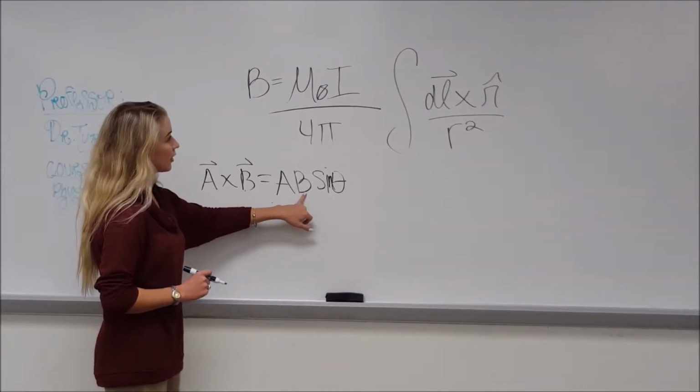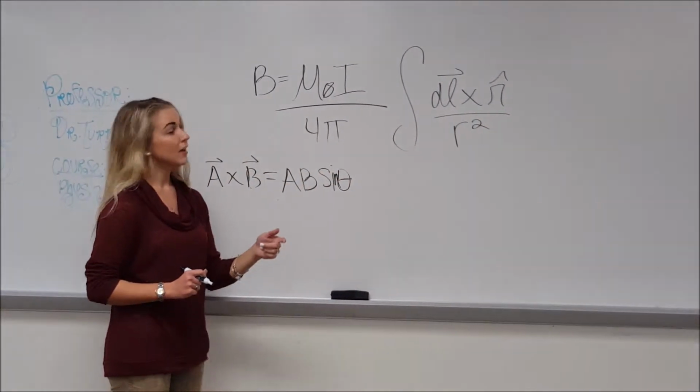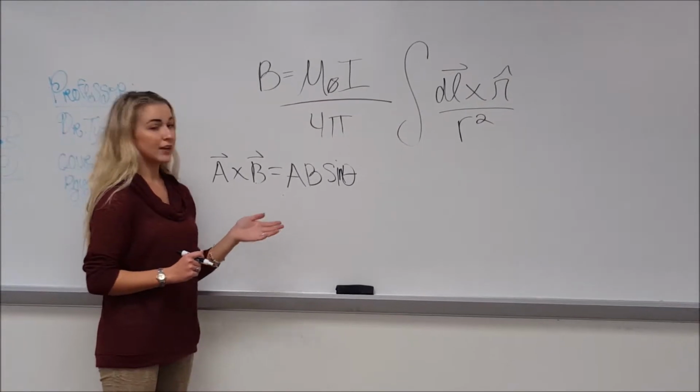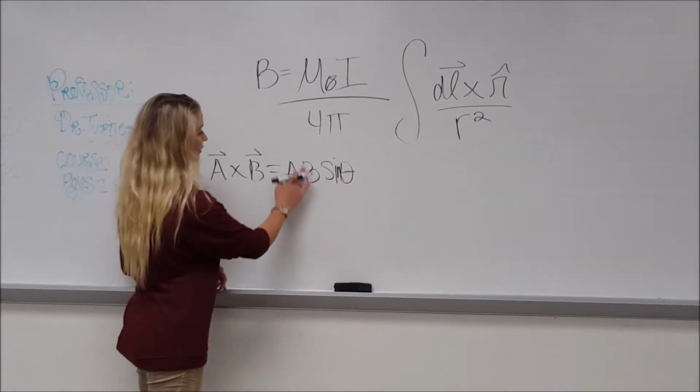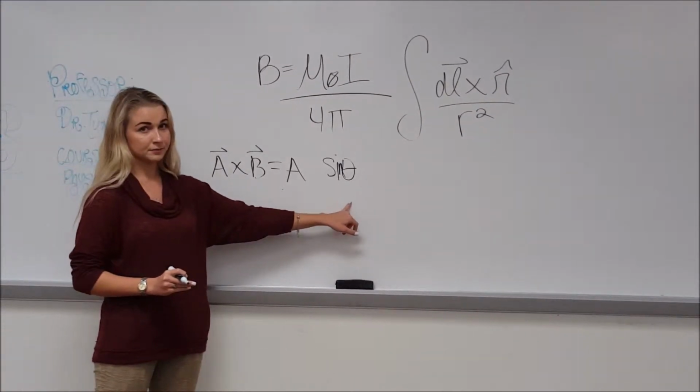However, the magnitude of our r hat, we know that r hat is a unit vector, and so the magnitude of any unit vector is 1. So if your B cancels out to 1, you don't really need to write it. Then you're left with A sine theta.